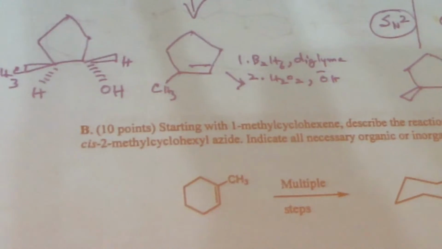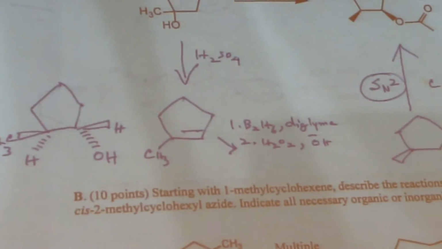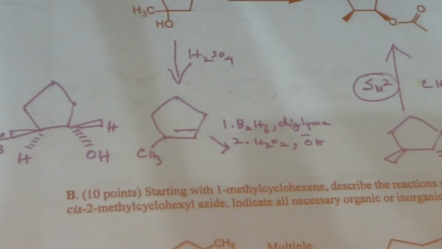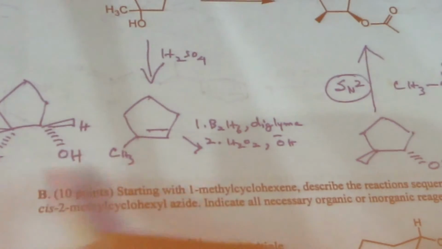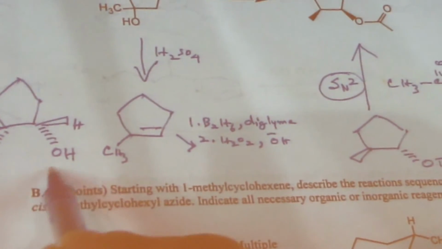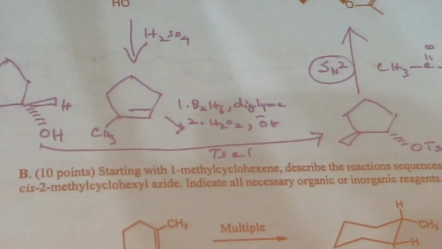So this is what we will get from the hydroboration reaction, hydroboration followed by hydrogen peroxide and OH. And that is actually perfect, what we want, because this OH can be converted to the tosylate. So we use the tosyl chloride to make the tosylate, and then we carry on the rest.